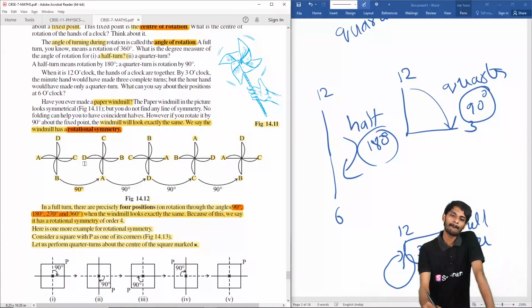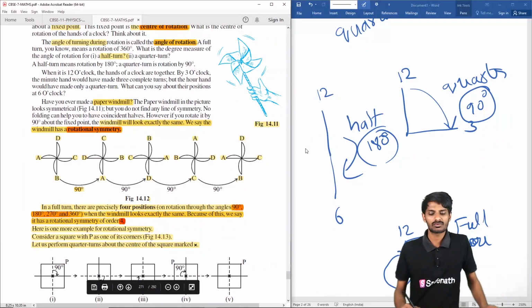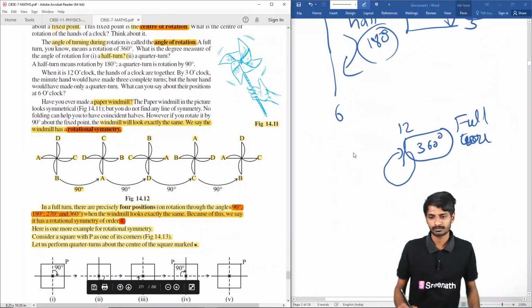And to complete one cycle, how many times does it have to be rotated? How many angles of rotation are we getting? For one complete cycle, A is here, it moves, and it has to come here. It has to take 4 times. So then its order of symmetry is 4, students. Order of symmetry is 4.